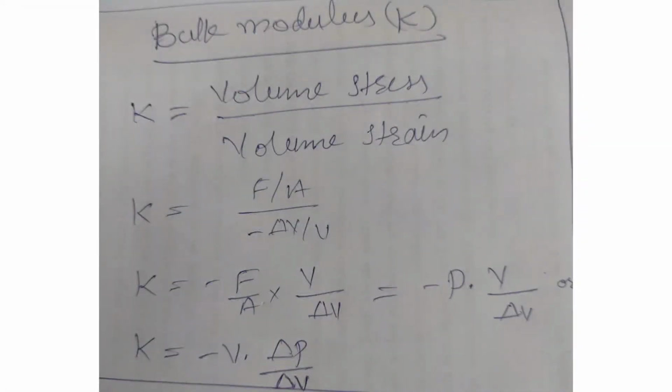So, bulk modulus K is equal to F by A divided by minus delta V by V. We can write it as F by A into minus V by delta V. F by A is nothing but pressure. So, K is equal to minus delta P into V by delta V, or K is equal to minus V into delta P by delta V. Generally, delta P is the increase in pressure, delta V is the decrease in volume, and capital V is the original volume.